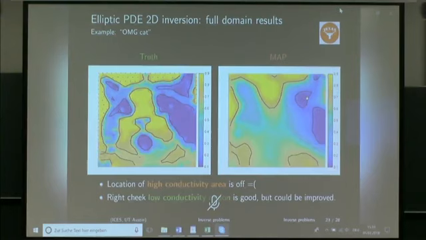On the right-hand side, actually, before going to the right-hand side, you notice the pink dots, hopefully you can see over there, surrounding the head of the cat to the cheek of the cat on both sides. So these are where we have observations. Now on the right-hand side, we do the inversions with the full domain.